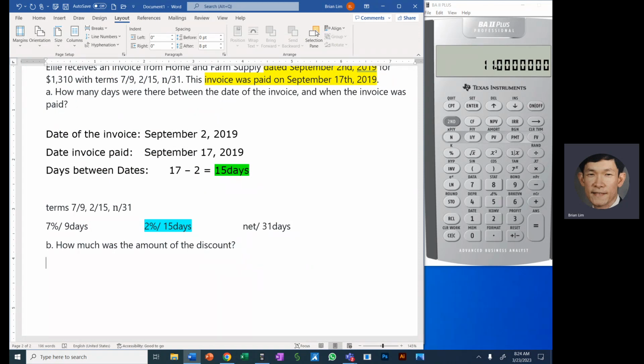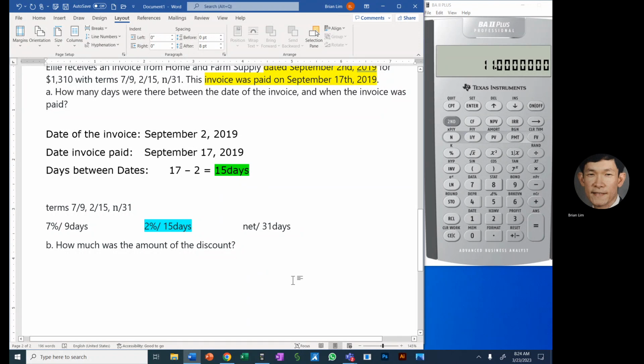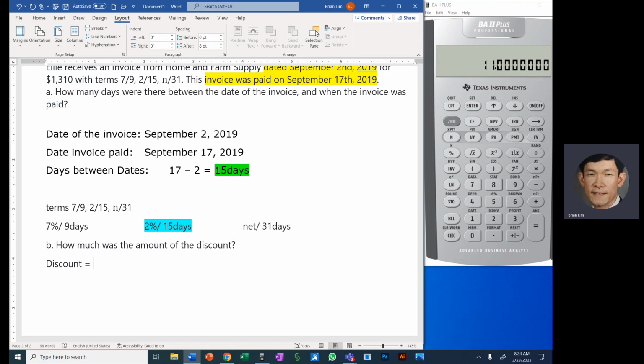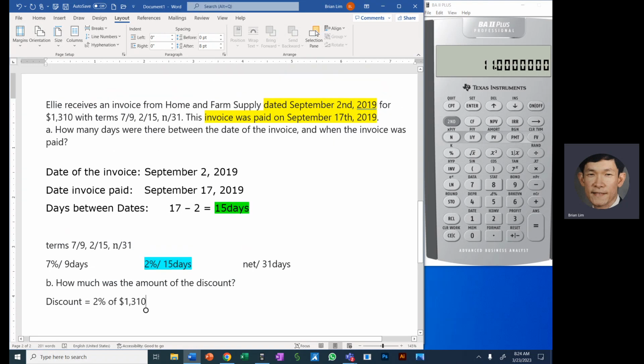The discount is equal to 2% of the invoice amount, which is $1,310, as it shows up right up here. So that's the invoice amount. So 2% of that would be equal to what?